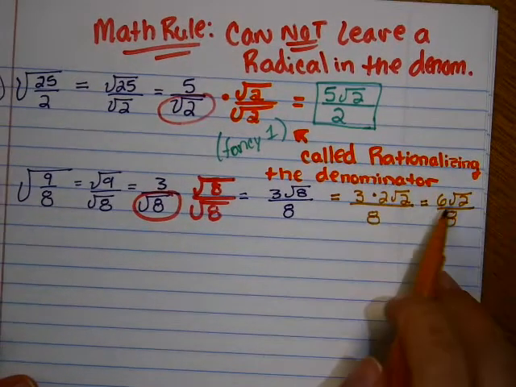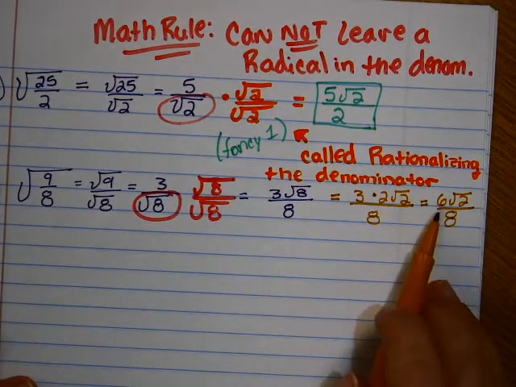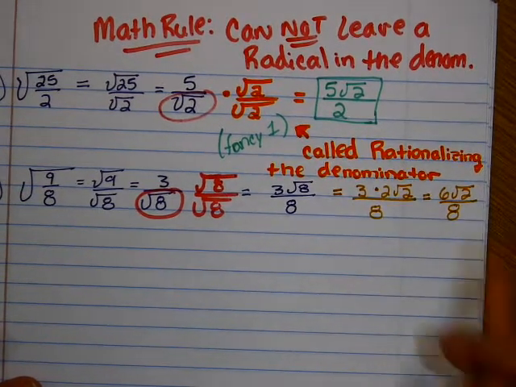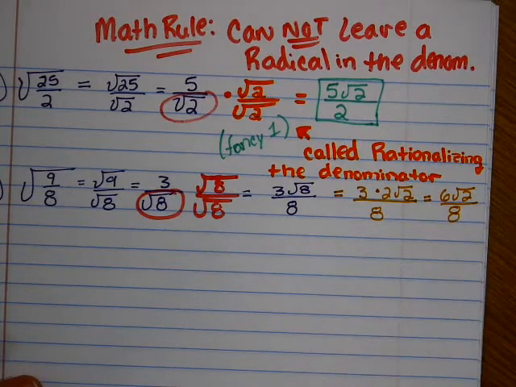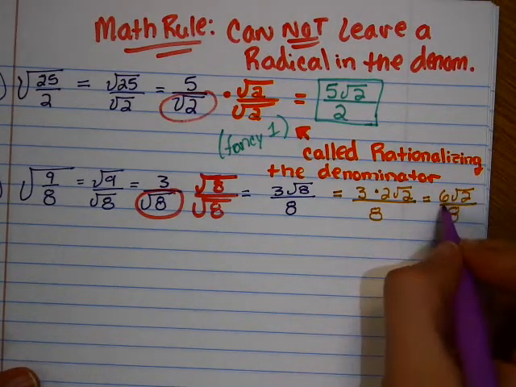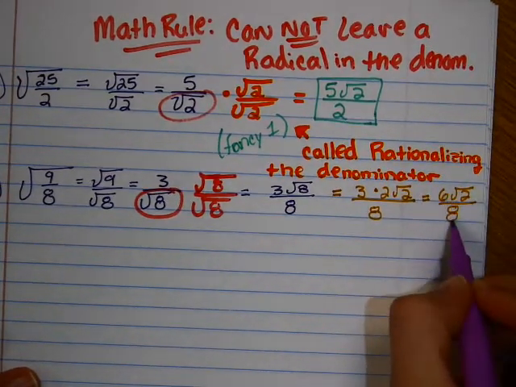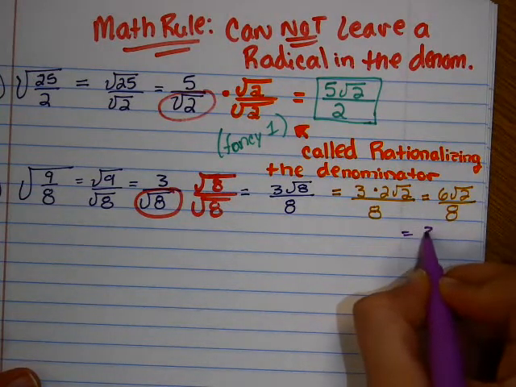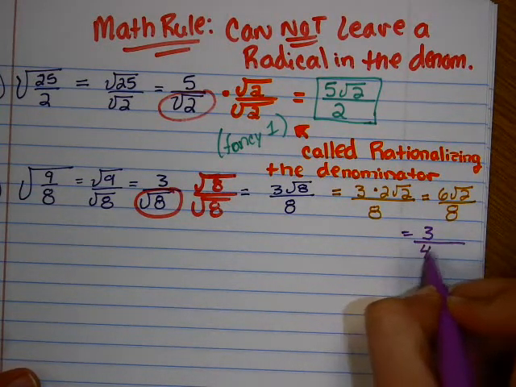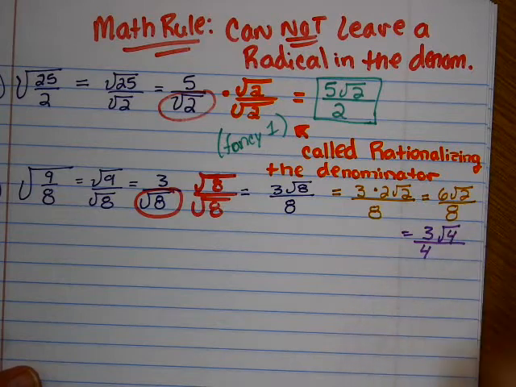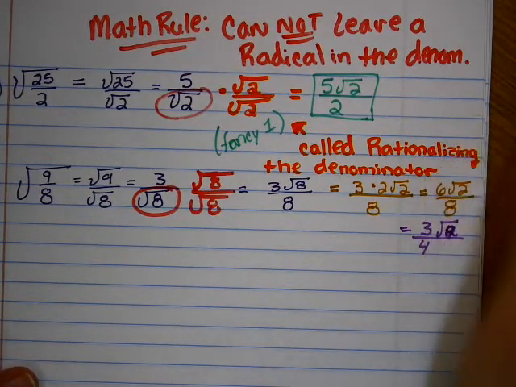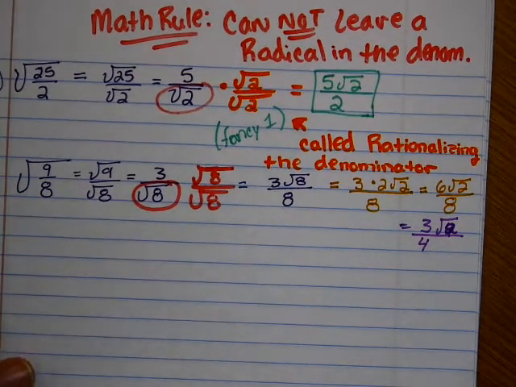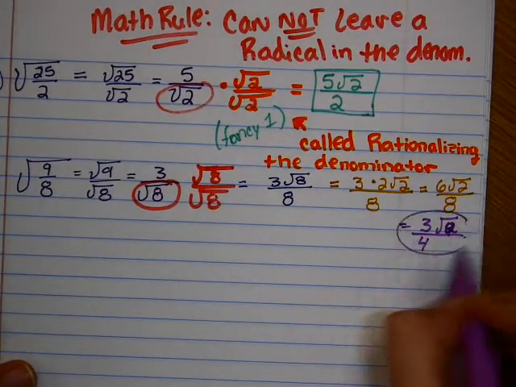Can we still simplify that? We can, because 6 over 8 reduces to 3 over 4. So 3, oops, not 4, 2. 3 square roots of 2 over 4.